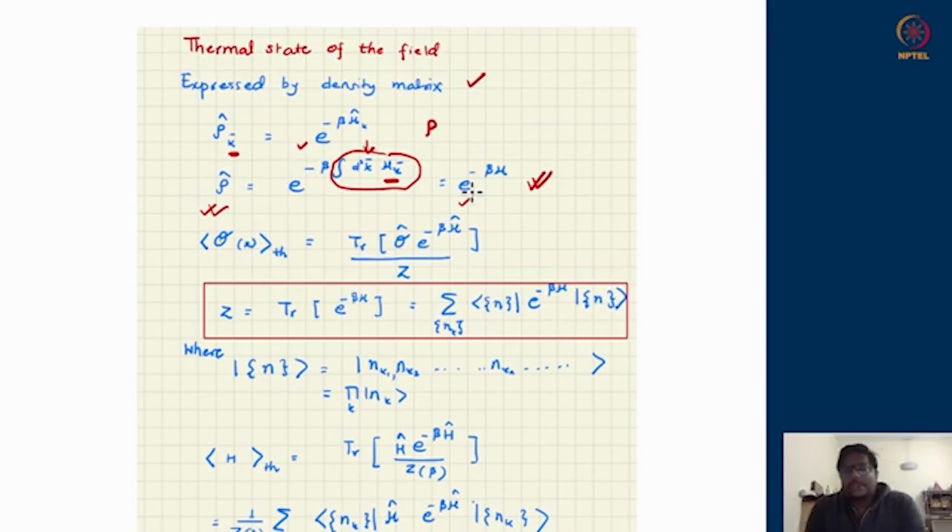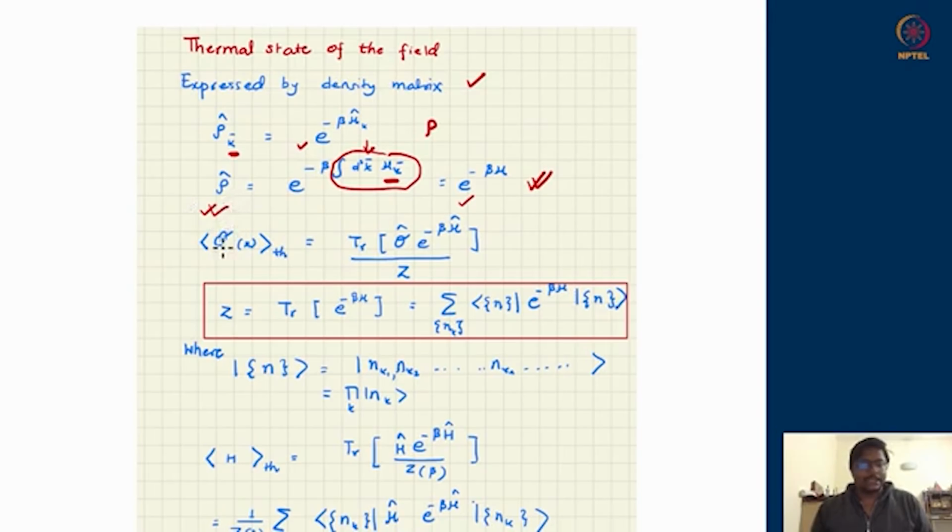Now we also know, given a density matrix, how to compute things out of it. That is, to know what the expectation values are, what the probabilities of finding something are, and that is obtained by taking the operator under consideration. Its thermal expectation will be the trace of the operator times the density matrix divided by the normalization of the density matrix.